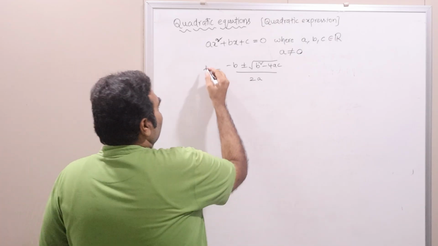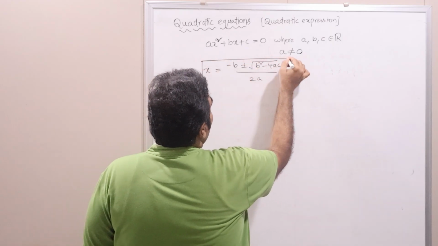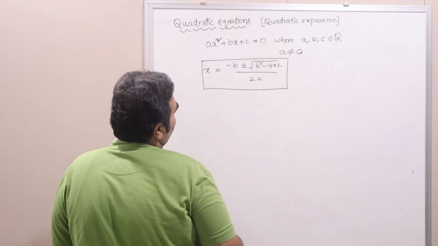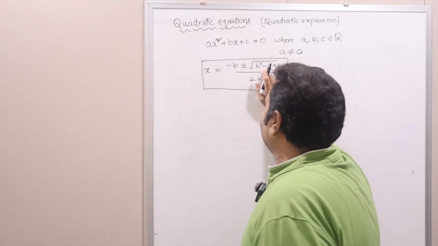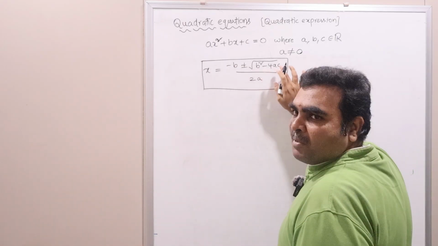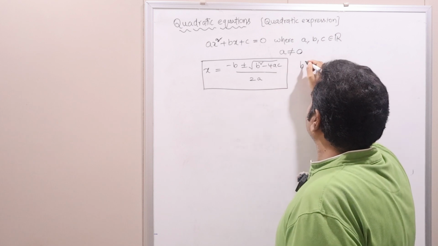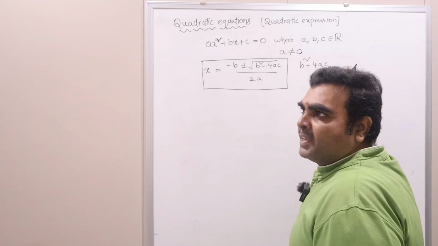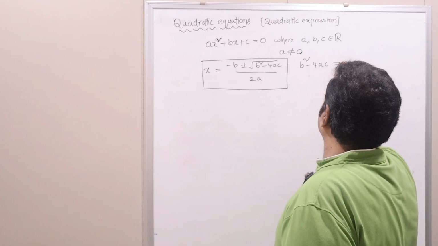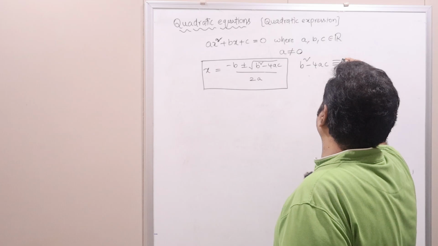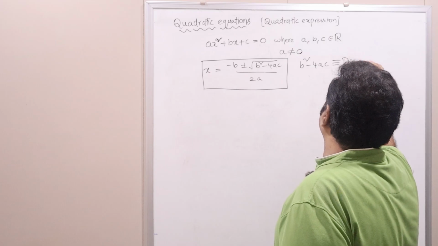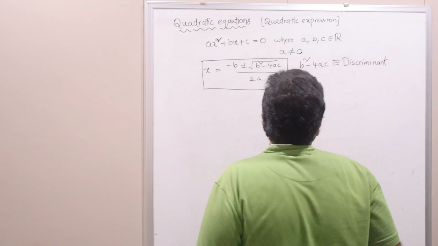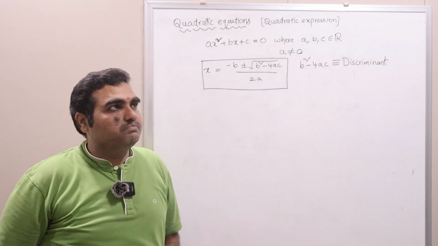Fine. So now this is the formula for the roots of the given quadratic equation, right? Where you have a strange term here, b square minus 4ac, and this term has very high significance. This term is called the discriminant of the quadratic equation.